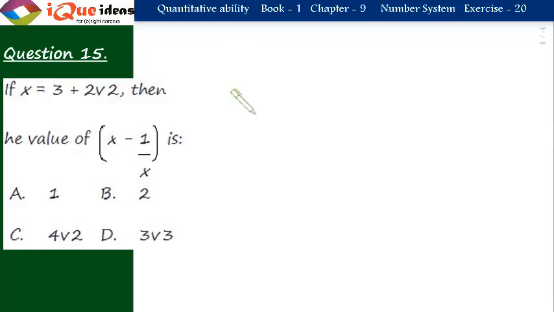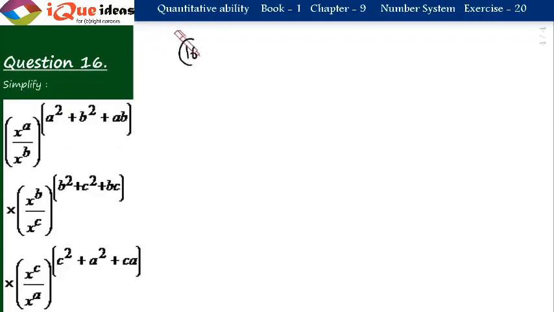Now let's take up the next question, question number 16. It's similar to question number 14, but let's see how it comes.